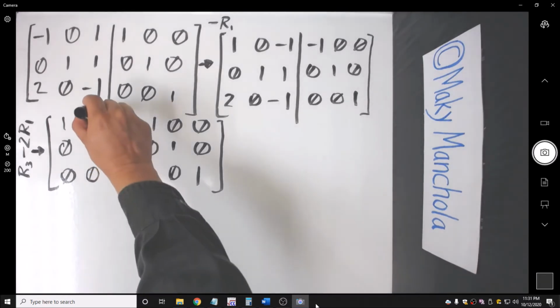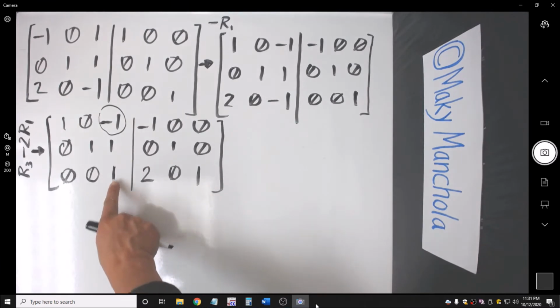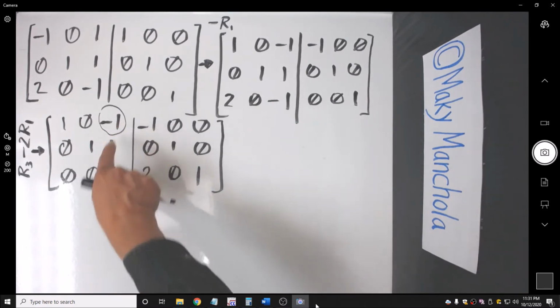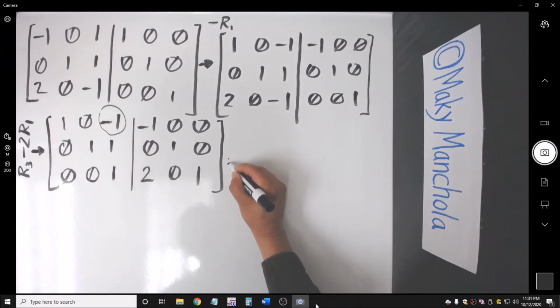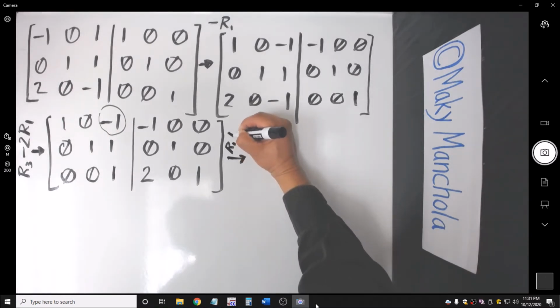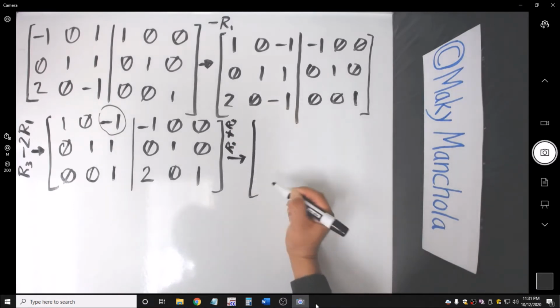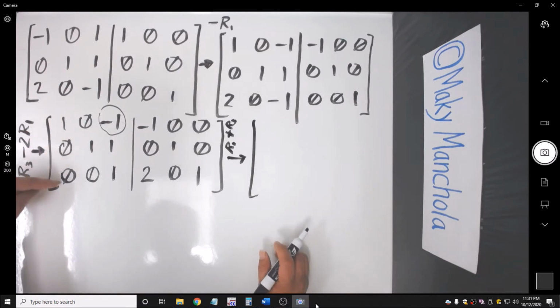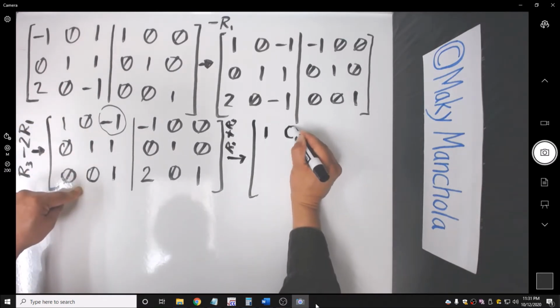Okay, let's get rid of the negative 1 first. How? Take row 1 plus row 3 to replace row 1. So 1 plus 0 is 1. 0 plus 0 is 0.